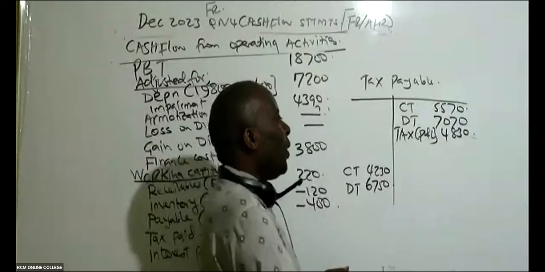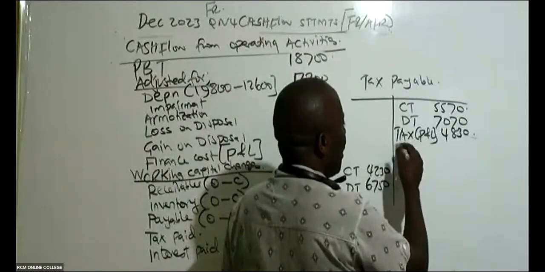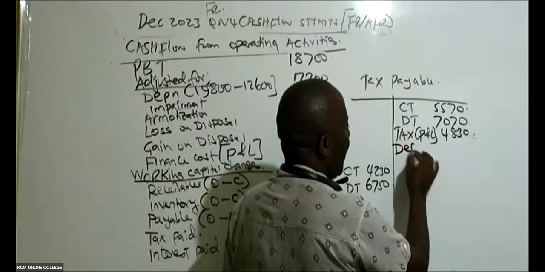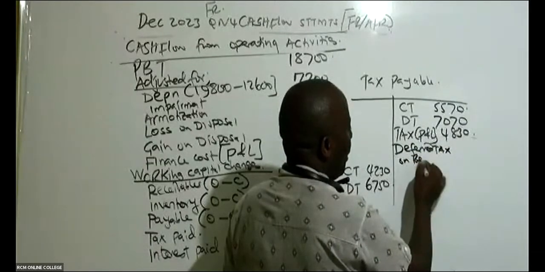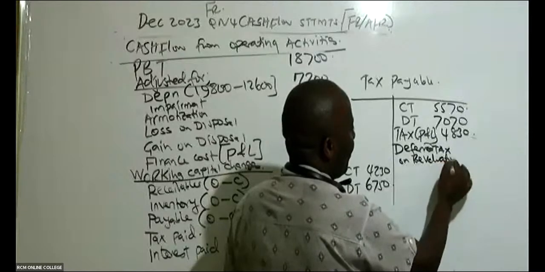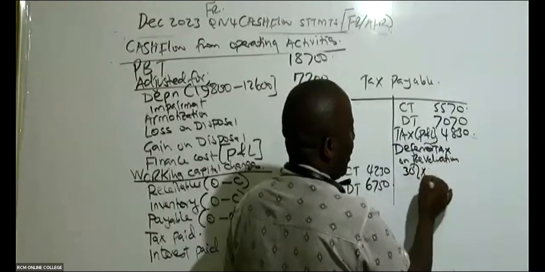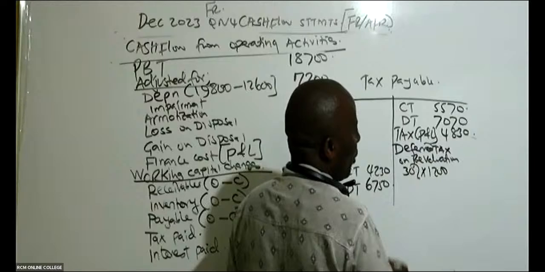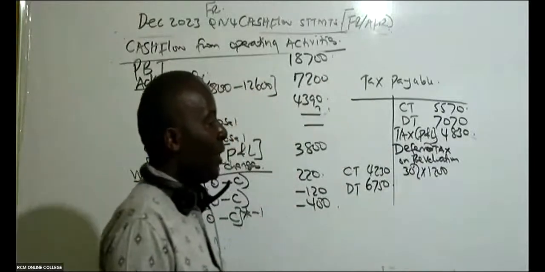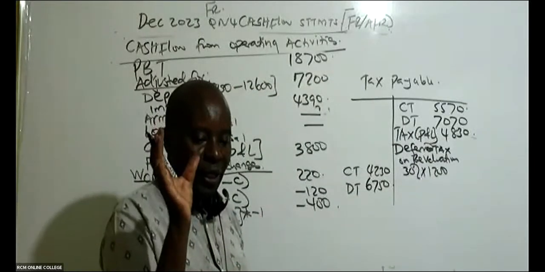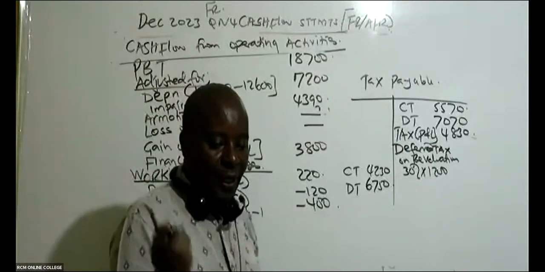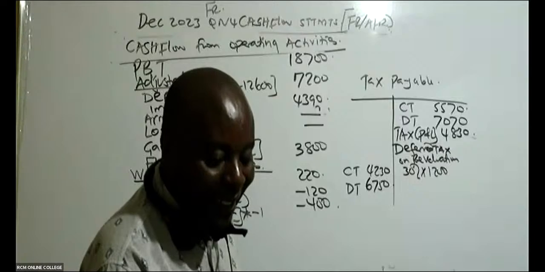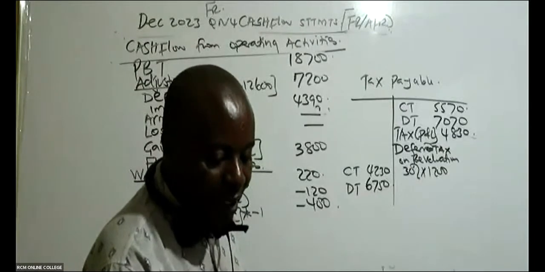So then the only thing we need is deferred tax on revaluation, which will be 30% of the revalued amount, 1,200. It is the tax rate times the revalued amount. It increases your deferred tax liability.